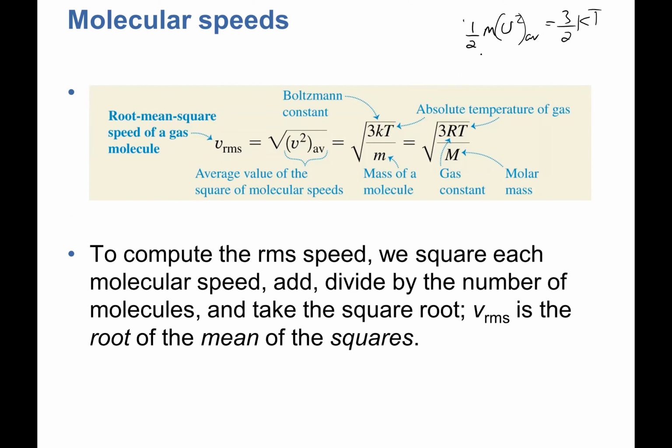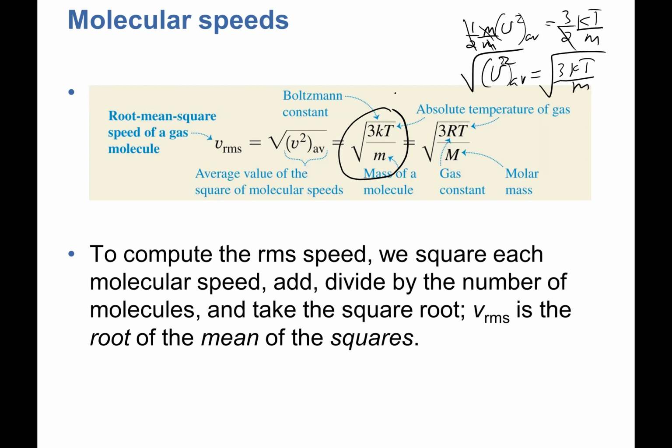I can cancel 1/2 and 1/2, and divide both sides by m. Now what I have is the average of v squared is equal to 3kT over m. Since this is squared, I take the square root of both sides. So that's what I have.